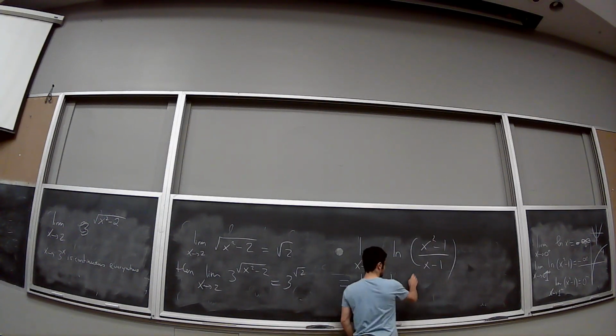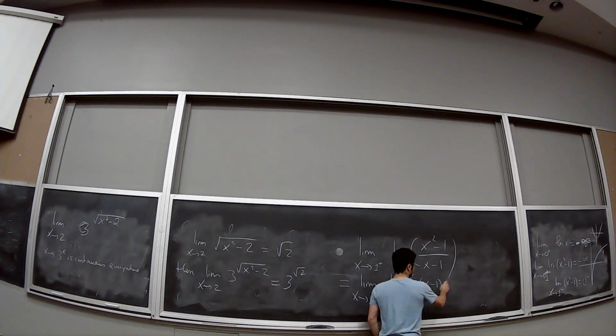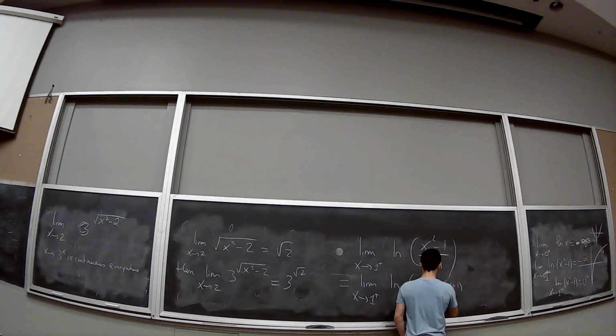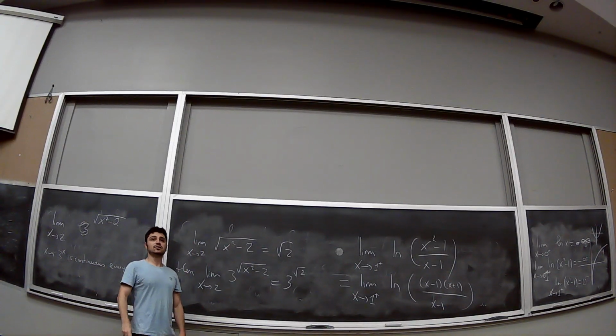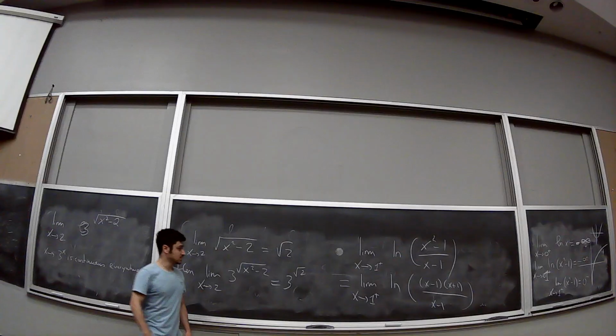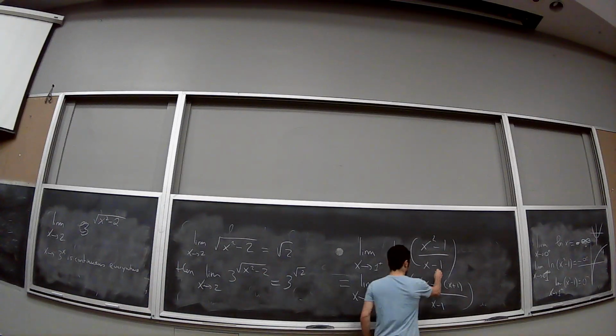Exactly. Thank you very much. Your friend suggested that I factor this up. Now what happens here? What can I do? I can cancel out the x minus 1s. Great.